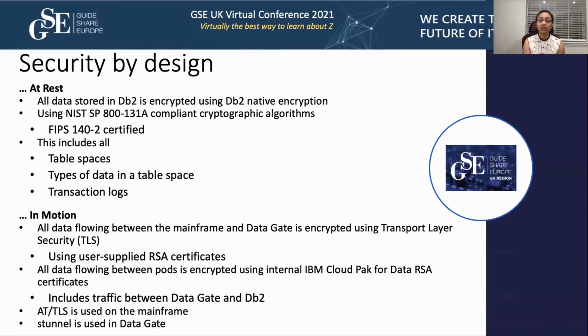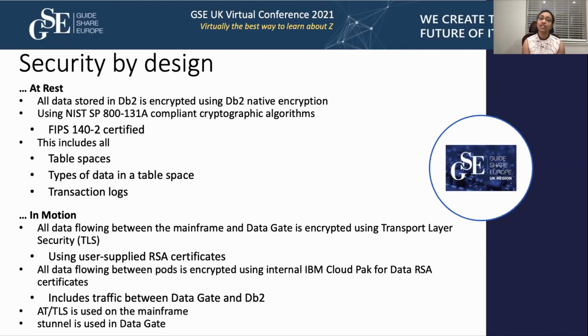internal aspects of this. So we all know that security of the data is key to all of our users. So let's talk about some of that here. And we saw this in the demo. All the communication to DB2Z goes through a secure JDBC port and is encrypted using AT-TLS, using the user-provided RSA certificates.